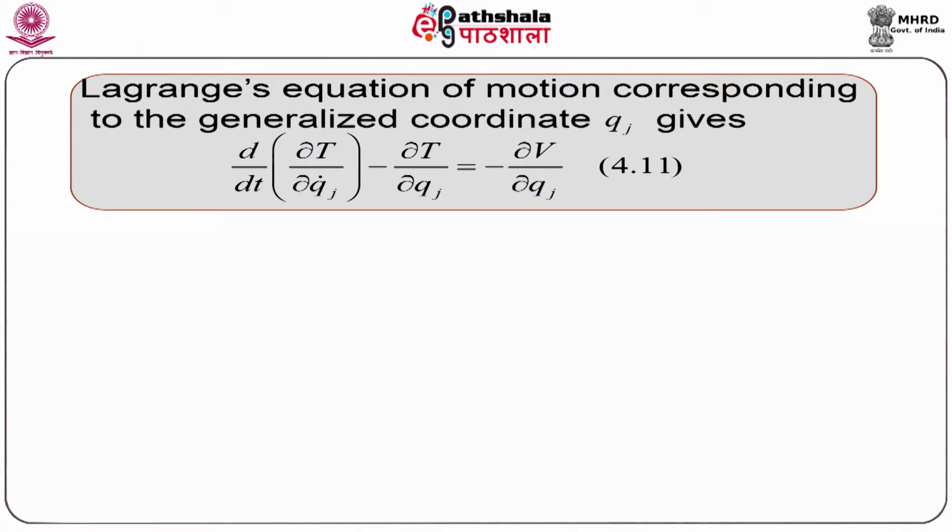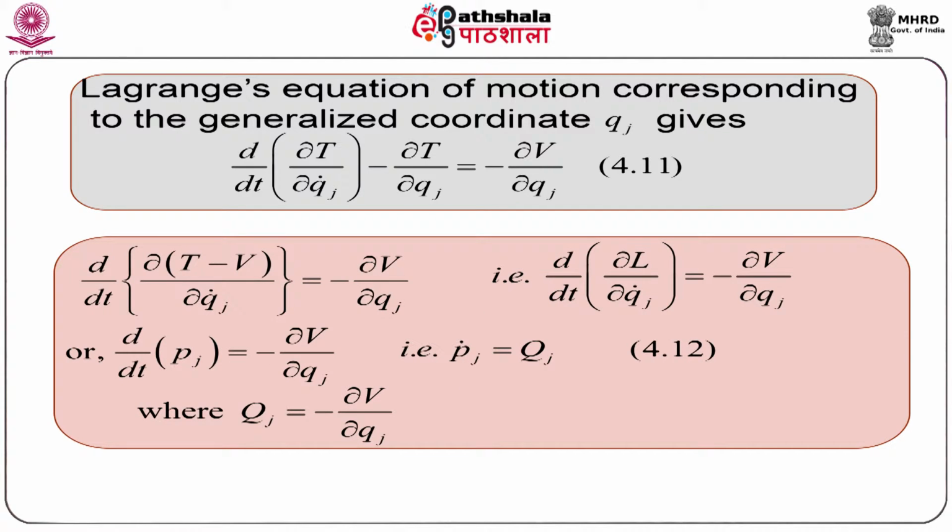If we use the relation del V del Qj dot equal to 0 given by 4.10 in equation 4.11, we have d/dt of del del Qj dot operated on T minus V equal to minus del V del Qj. This can be written as d/dt of del L del Qj dot equal to minus del V del Qj.